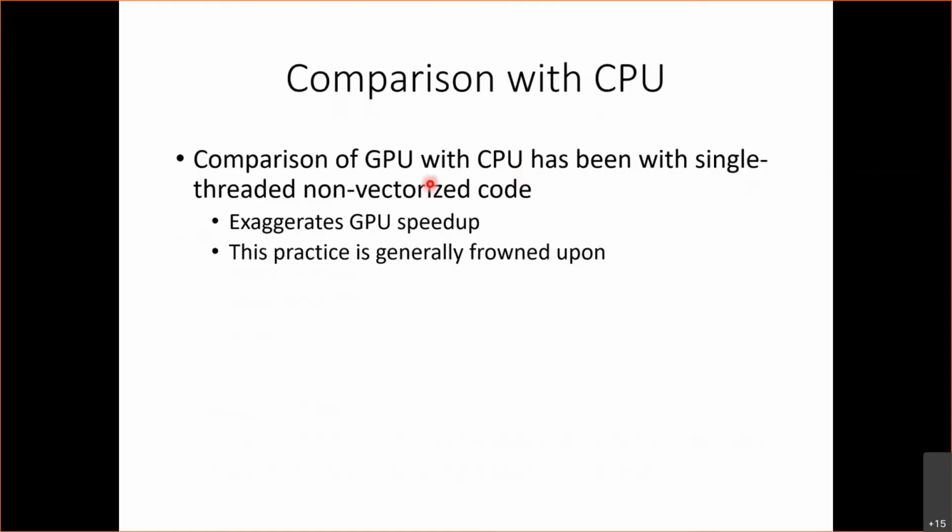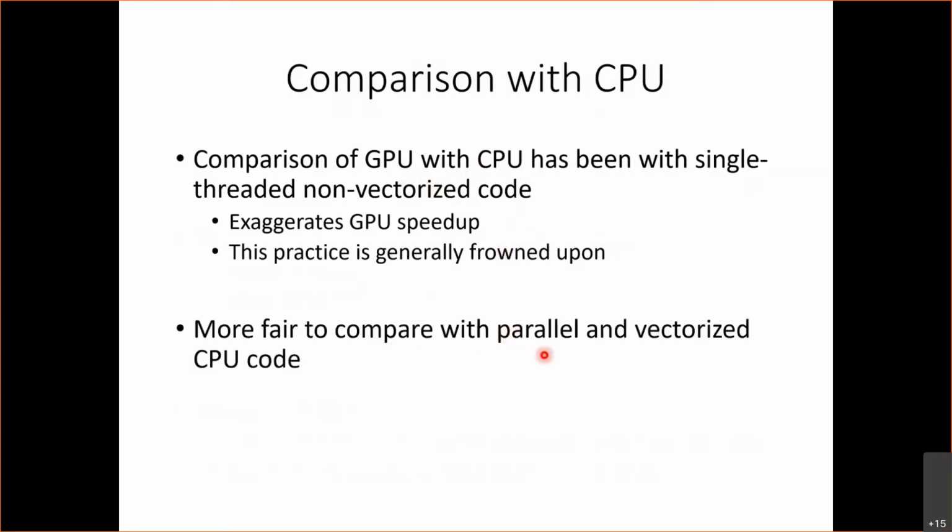If we really want to do a fair comparison between GPUs and CPUs, it would be more fair to compare our GPU implementation to a parallel CPU implementation that uses vectorized CPU code. Just like a GPU can run many thread blocks or many warps in parallel, a CPU can run many threads in parallel. Also, for many CPUs, every core has a vector unit where we can vectorize the CPU code rather than just having a single thread running on the core.